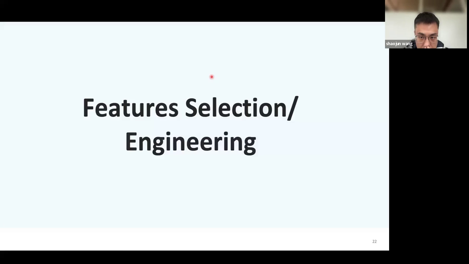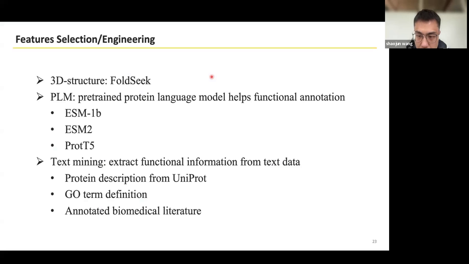So now let's take a look at some of the best component methods in GOCurator and see which ones work well. In the course of the competition, we found that protein 3D structure information, methods utilizing protein language models, and methods utilizing biomedical text usually yield good results.